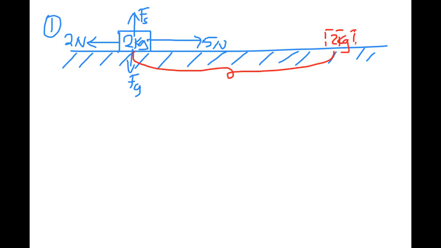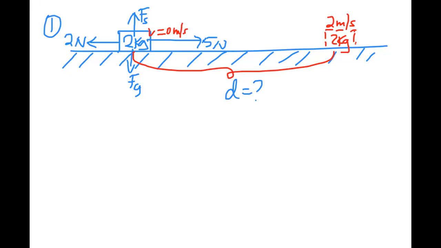All right, so what I'm seeing here is that the velocity here is 0 meters per second, and the velocity here is 2 meters per second. The question is, what is the distance? If there are multiple forces acting on the 2 kilogram object, the object accelerates to 2 meters per second.